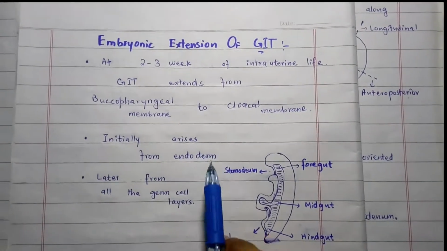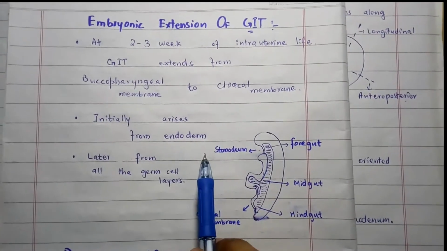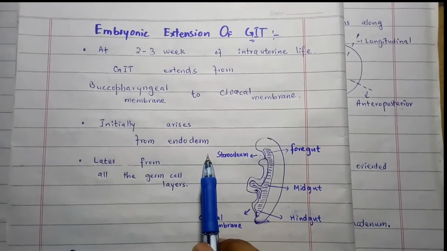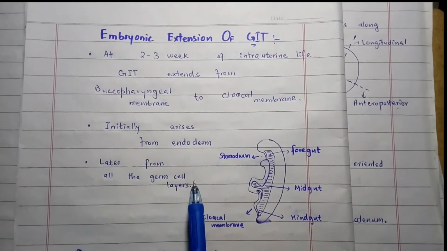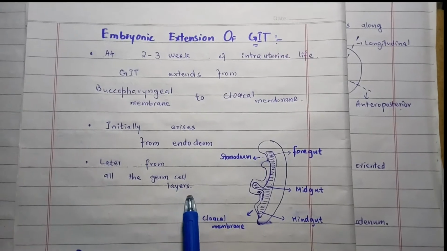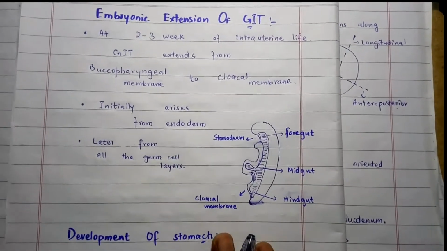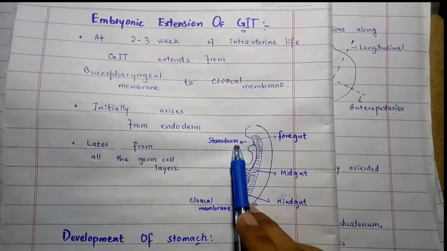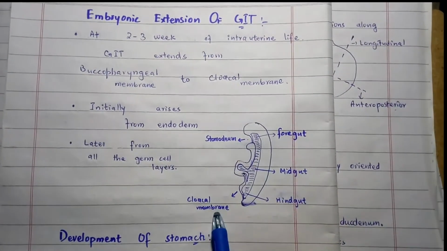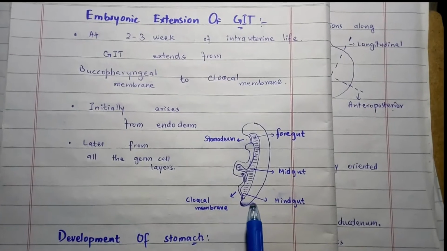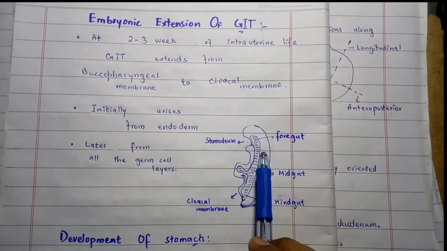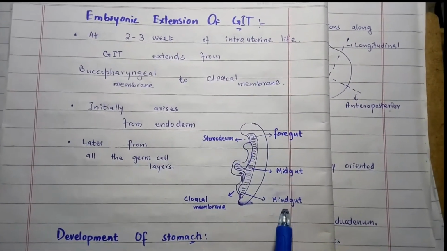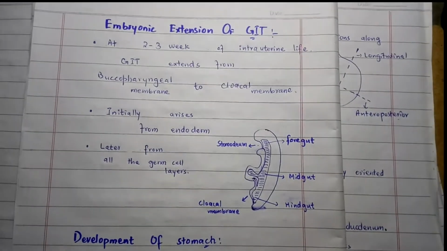Initially it arises from the endoderm, but later all three germ layers contribute to it. Here is the stomodeum, the buccopharyngeal membrane, the cloacal membrane, and the primitive gut with foregut, midgut, and hindgut.